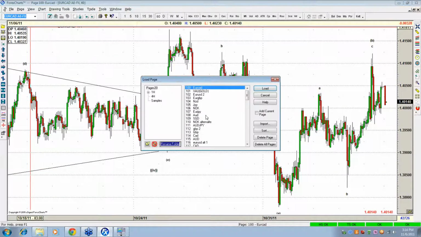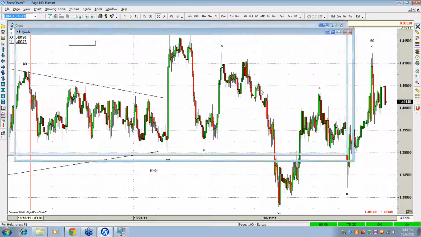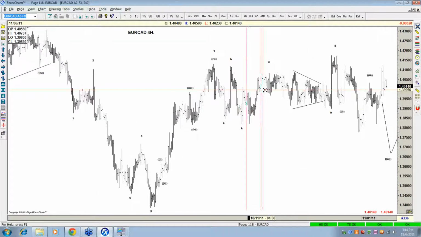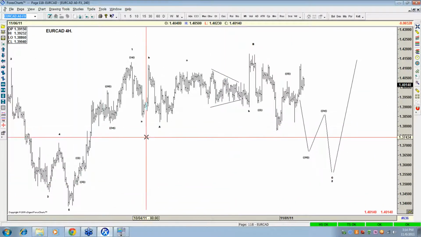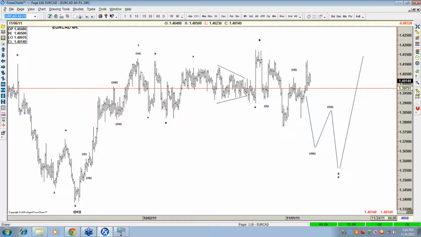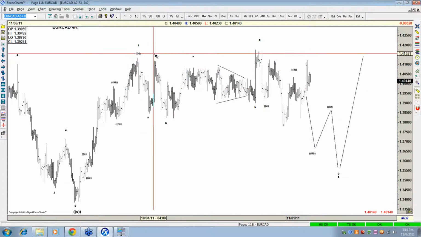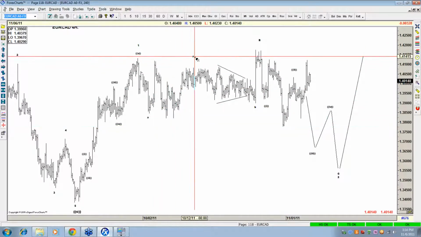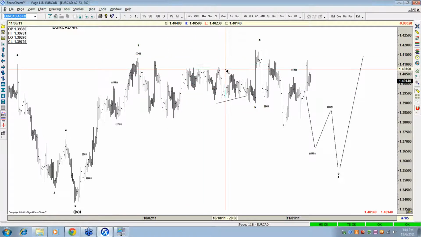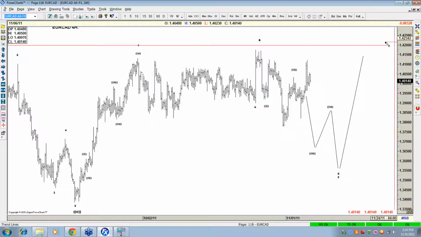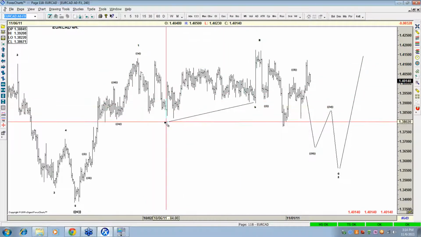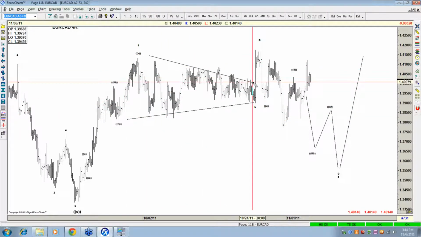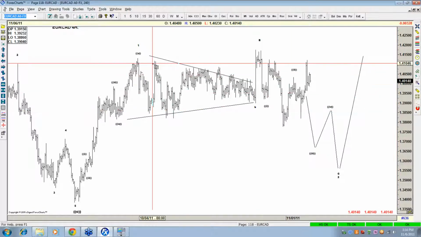on the 4-hour chart, this is the old count. The new count, I don't know why I'm getting. Well, we adjusted a little bit and we put right here, like this was a triangle starting A, B, C, D, E. That was a triangle here, right there, eventually.